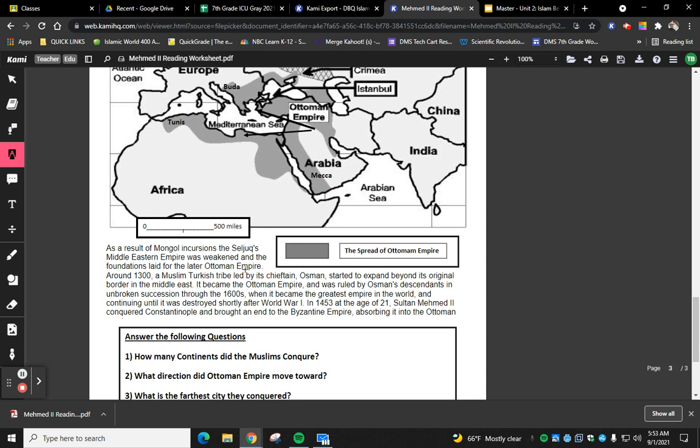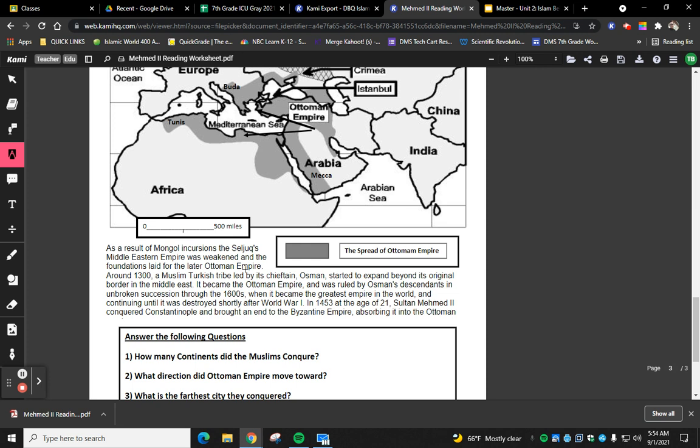Around 1300, a Muslim Turkish tribe led by its chieftain Osman started to expand beyond its original border in the Middle East. It became the Ottoman Empire and was ruled by Osman's descendants in unbroken succession through the 1600s, where it became the greatest empire in the world and continued until it was destroyed shortly after World War I. That's a long time.